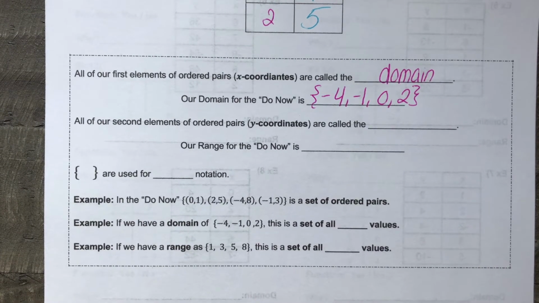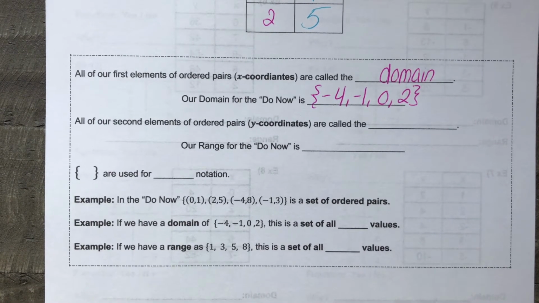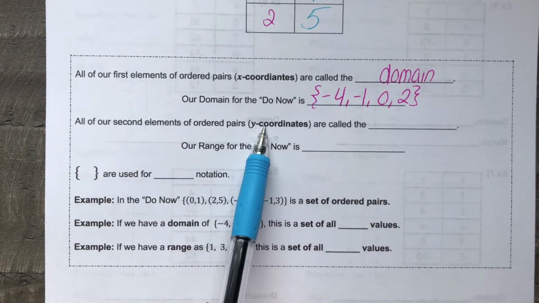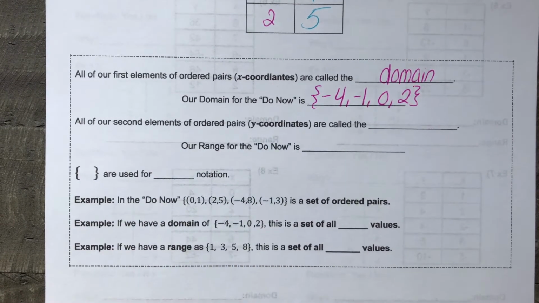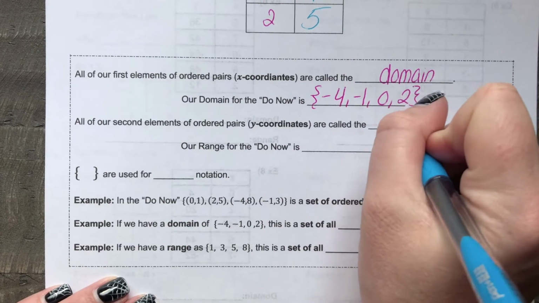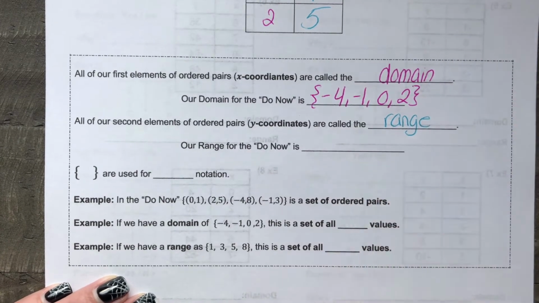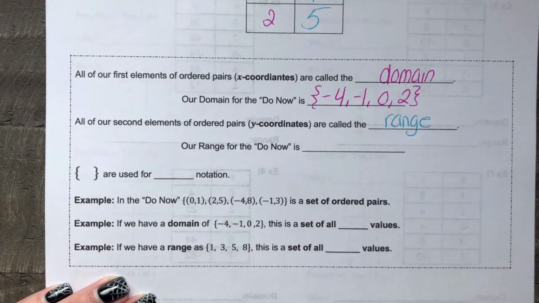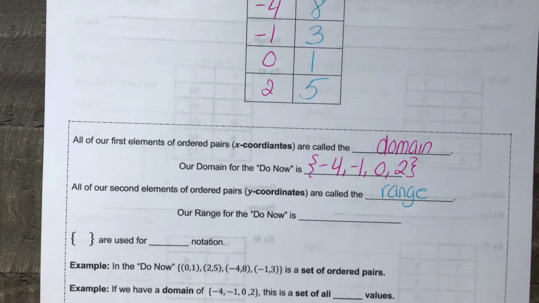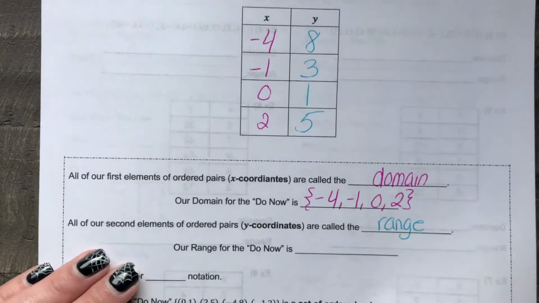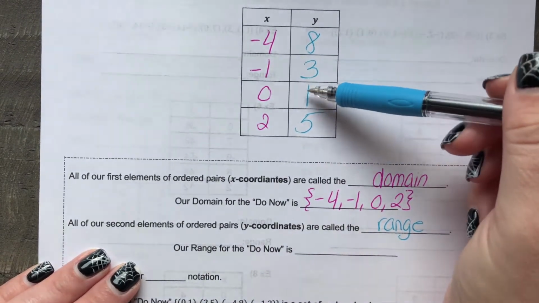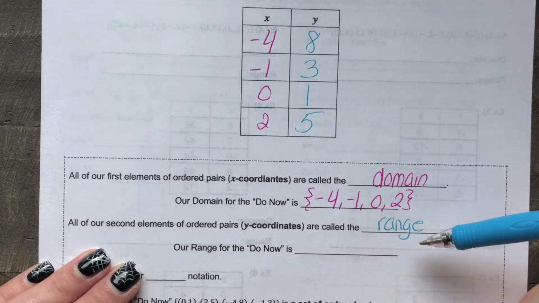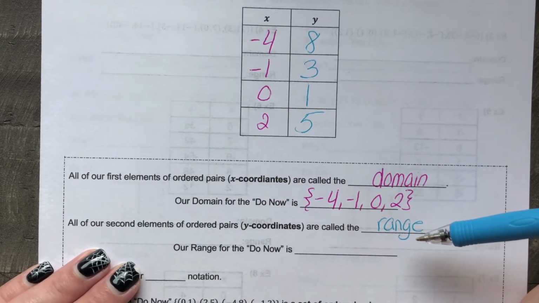All right, next, if we look, it says all of our second elements, those Y values, those Y coordinates, that would be called your range. Okay, and I can fill out the range again from up top, but if I look at my range right now, is this in numerical order? No. So I want to write that out in number order, okay?